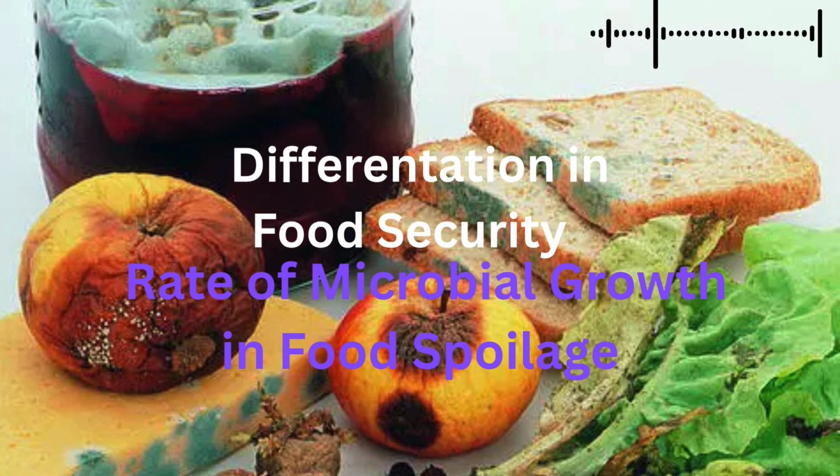So, based on that material, what we're zeroing in on today is how differentiation, this calculus concept, actually helps us understand food security. Specifically by looking at the rate of microbial growth, how fast those little guys multiply and spoil food. And that focus on the rate is the crucial part, isn't it? That's what the sources really drive home.